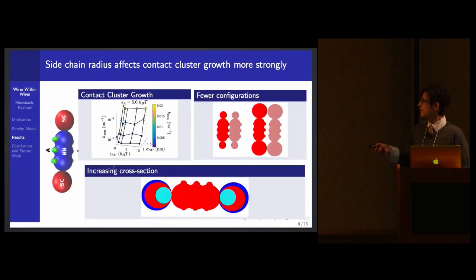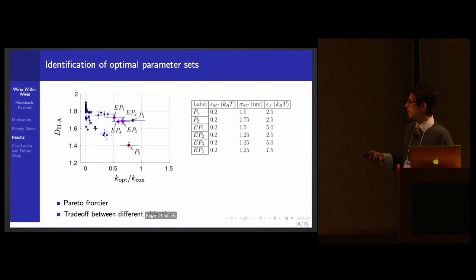So it's really these two competing interactions. This leads us towards thinking, well, okay, we know we want to have non-sticky side chains. We might want to have larger or smaller side chains. It kind of depends.